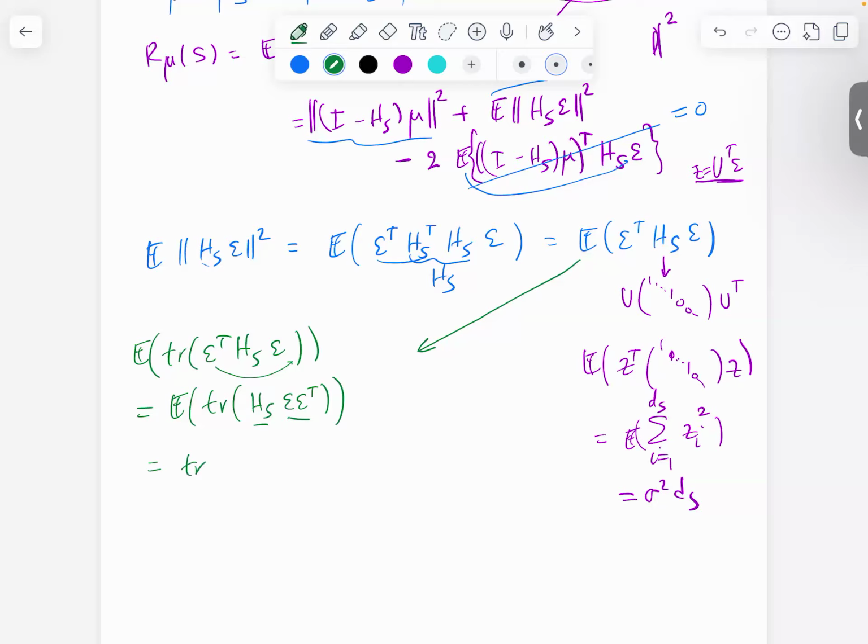So you get the trace of HS times the expectation of this quantity. Okay, and this is sigma squared I. So I get sigma squared times the trace of HS. And the trace of HS is the sum of the eigenvalues as well, or its rank. Anyway, this is a projection matrix, so the trace is DS.